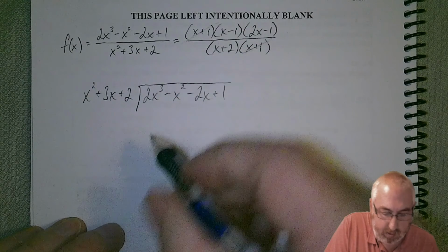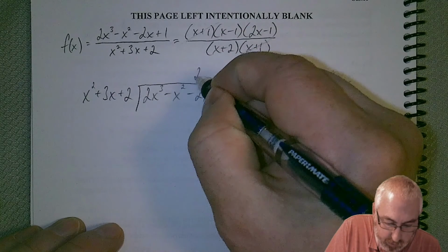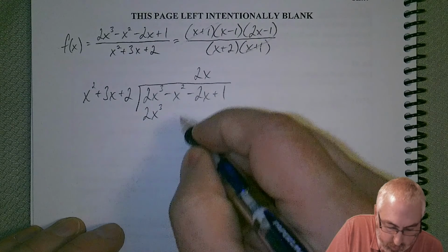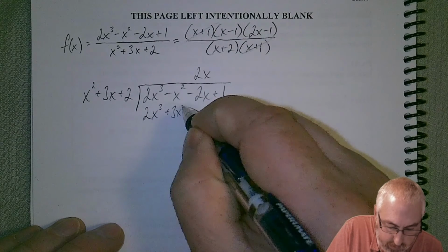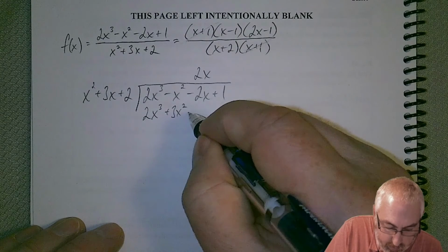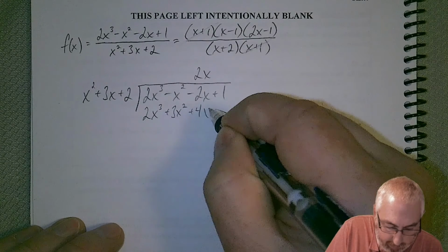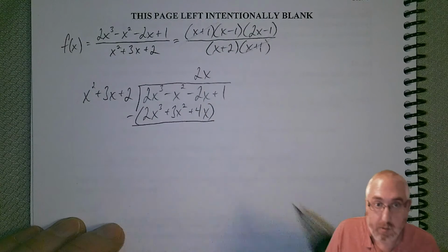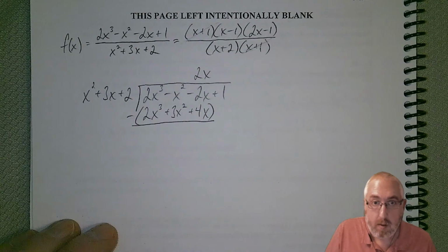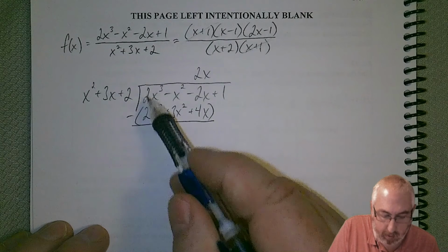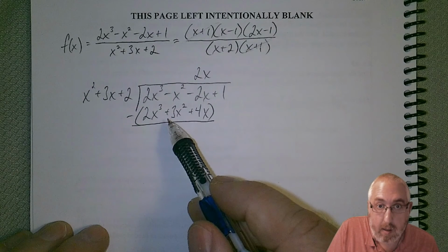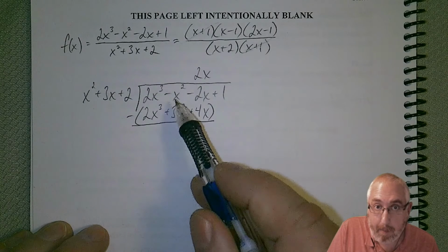So to start it off, it looks like we can use a 2x. So 2x cubed plus 3x squared plus 4x. And now we got to subtract. So if we subtract, our x cubes are going to disappear. We're going to get a minus 3x squared and a minus 1x squared.